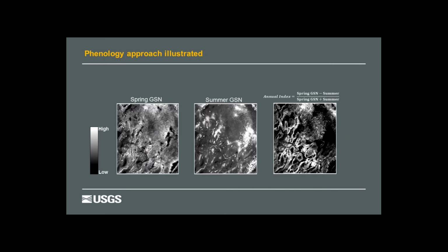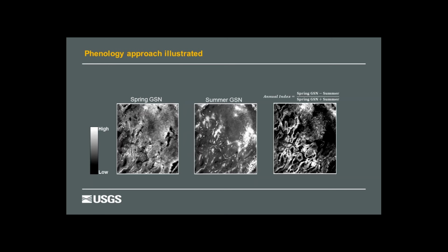To further illustrate, on the left here is an example of a spring growing season NDVI data set. Areas where it's bright are areas where we would expect vegetation greenness early in the spring. The summer GSN, where it's bright, is where vegetation would be green, growing, and most active in the summertime.